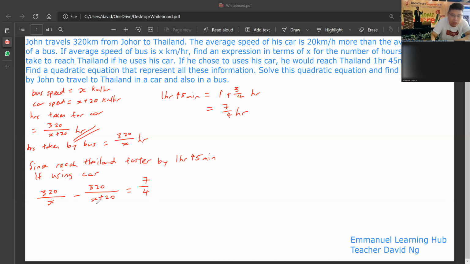I'm going to combine these two together. Combine together means this part I'm going to multiply by this, for the numerator. You understand?